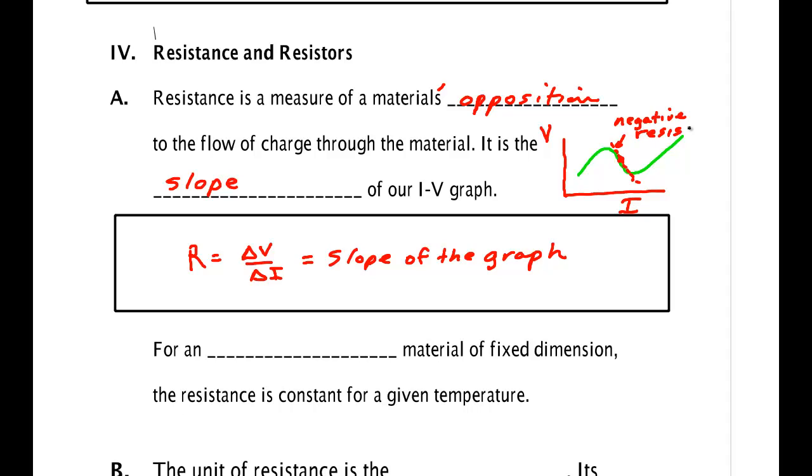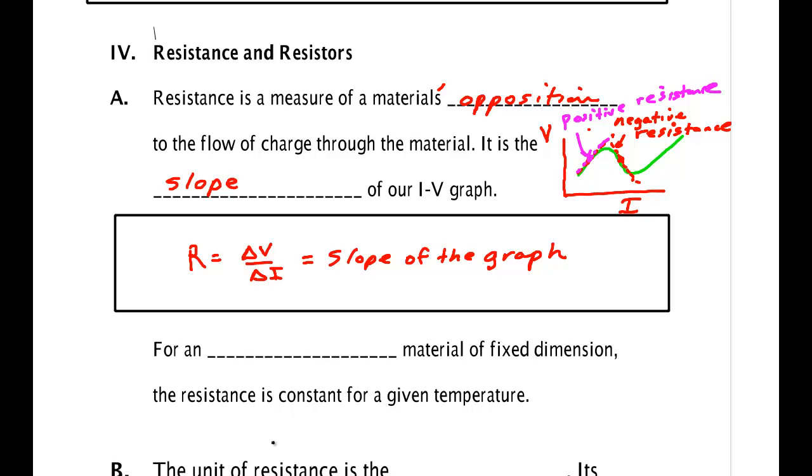This is actually very useful. These things make oscillators, a thing called tunnel diodes, and they're used actually to make microwave ovens. Over here, the slope is positive. Let me make that a different color. So over here it'd have a positive resistance.